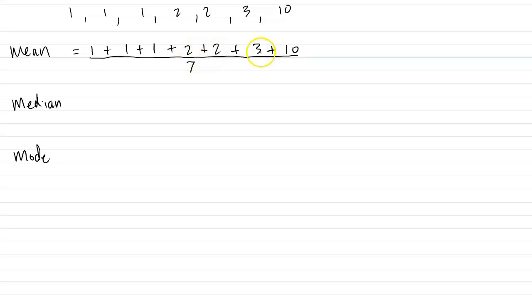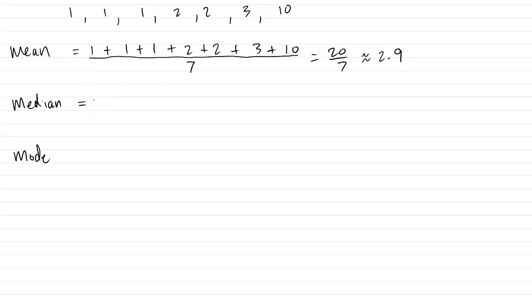Plus 3 is 10. Plus 10 is 20. So that's 20 divided by 7, which comes out to approximately 2.9. Okay, so we'll discuss and compare the mean, median, and mode after we calculate the median and the mode.